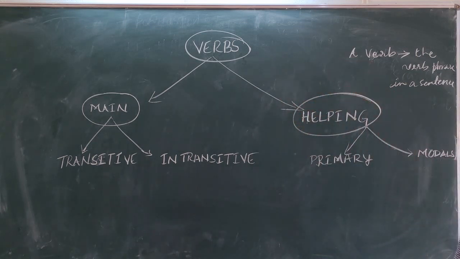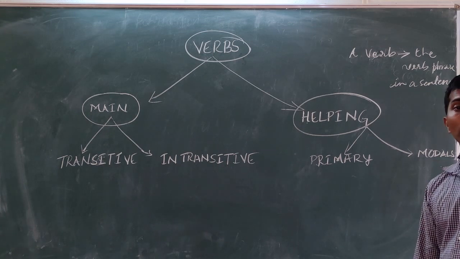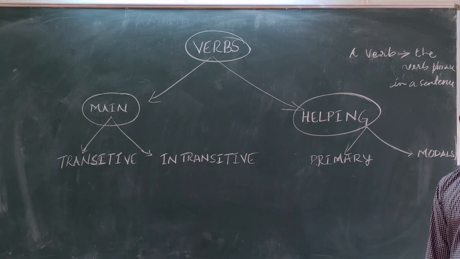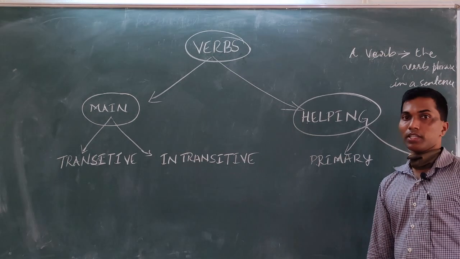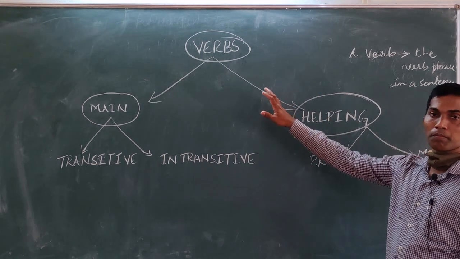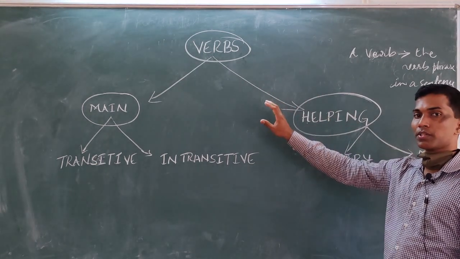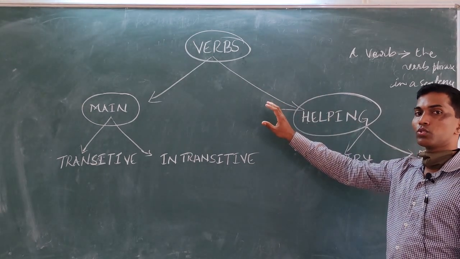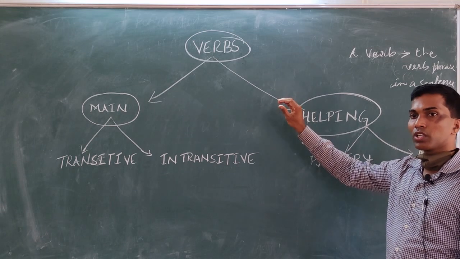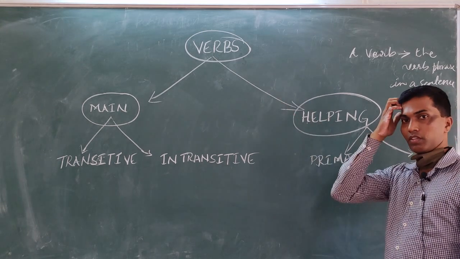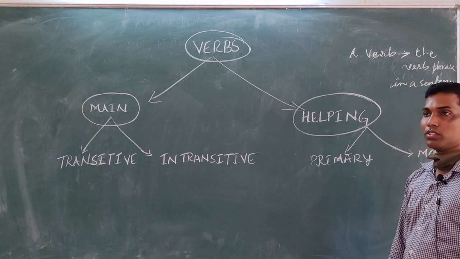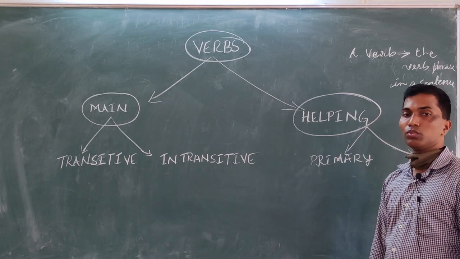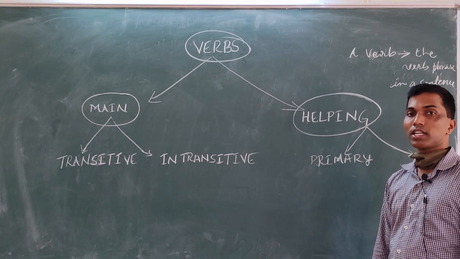Otherwise we may not understand sentences properly as they are to be understood. That's why you have to keep this image in your mind all the time. Whenever you read a sentence, this image should come to you, otherwise you may not be in a position to understand the sentence.